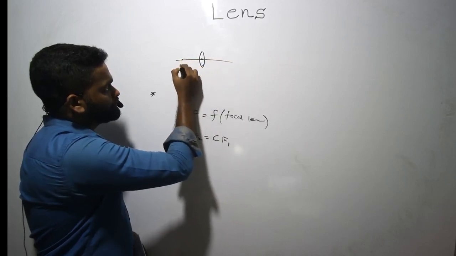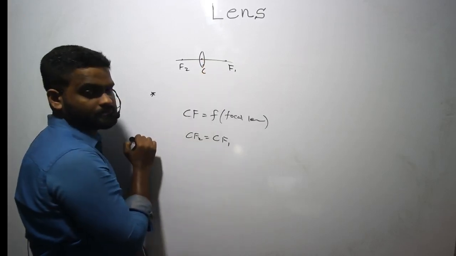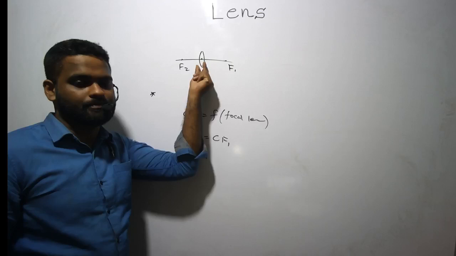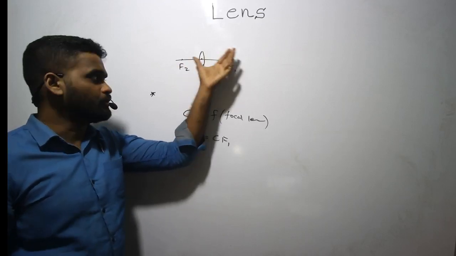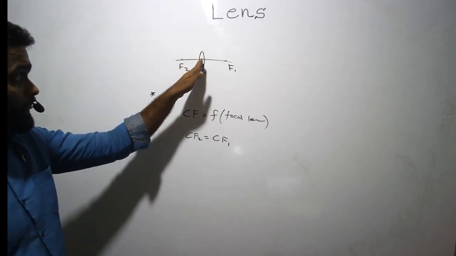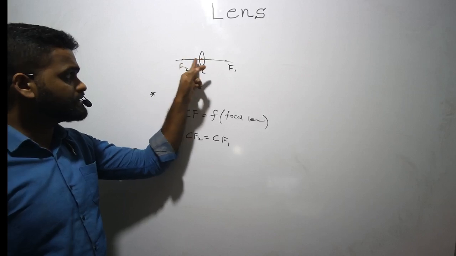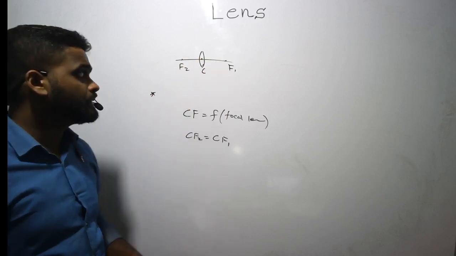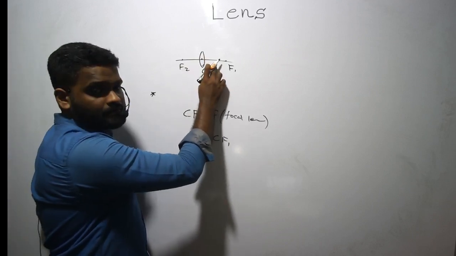You have F2 here, F1 here, C here. In most cases the lens is made of glass and both sides have air, so CF2 and CF1 are equal, because both sides we have air.